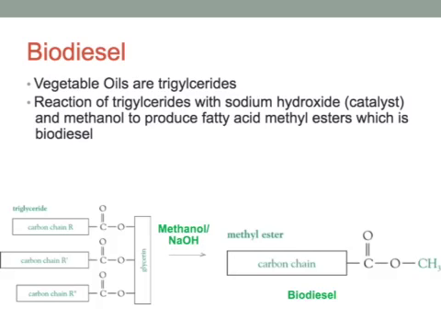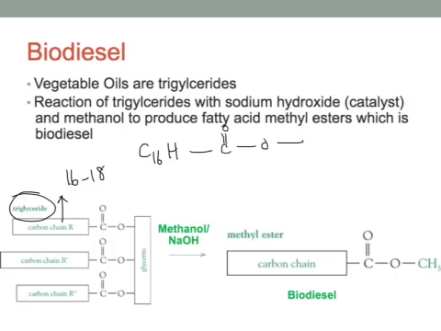Vegetable oils basically contain what are known as triglycerides, which are molecules that contain carbon chains between 16 and 18 carbons. So when I say carbon chain, this would be 16 carbons, an equal number of hydrogens to make it an alkane, and then C double bond O, and then this moiety is a glycerine moiety.